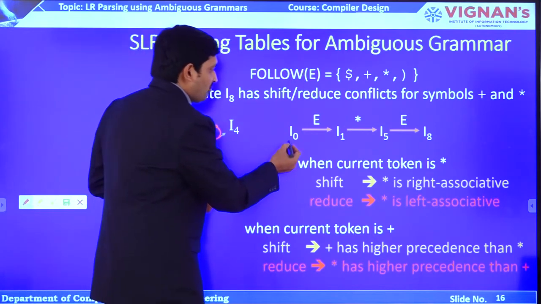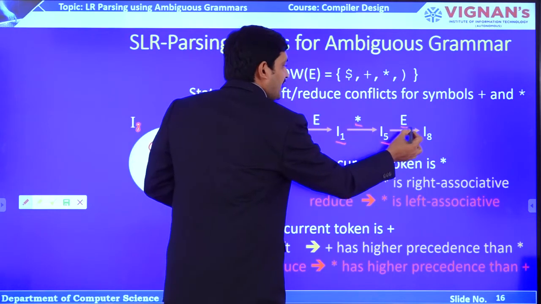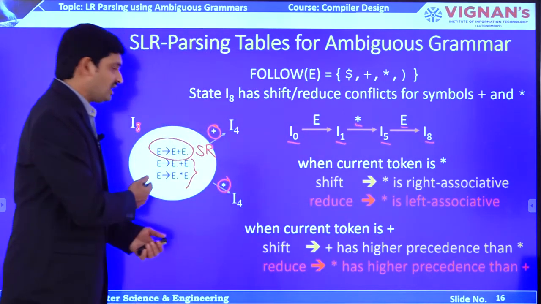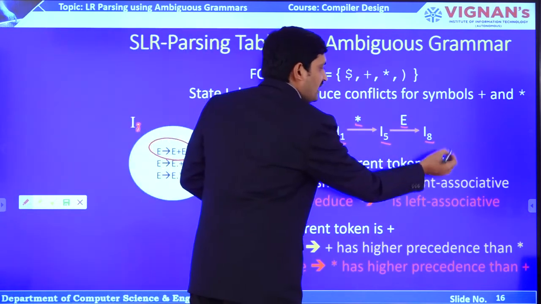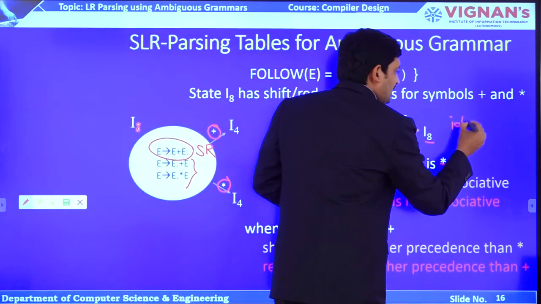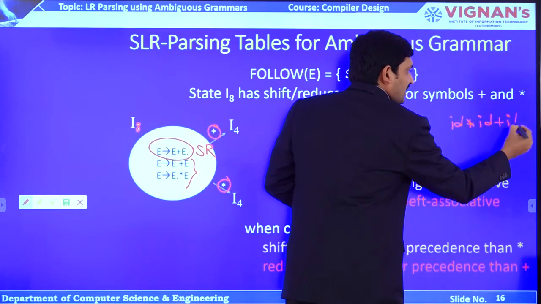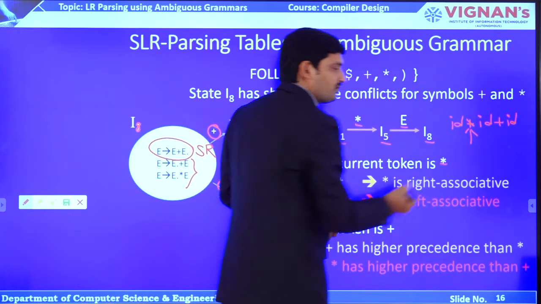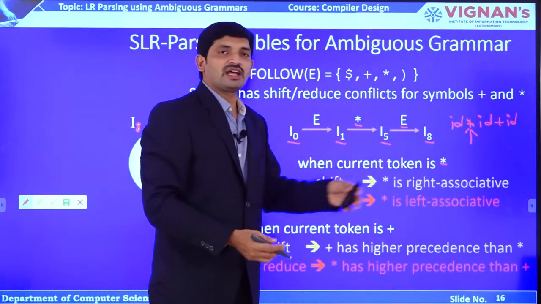As shown, from I0 on capital E it is I1, on star is I5, on capital E is I8. So, now the state is I8, and the current token is star, as shown in the last slide: id star id plus id. Let us say this is my token; then we apply the shift operation when star is right associative.